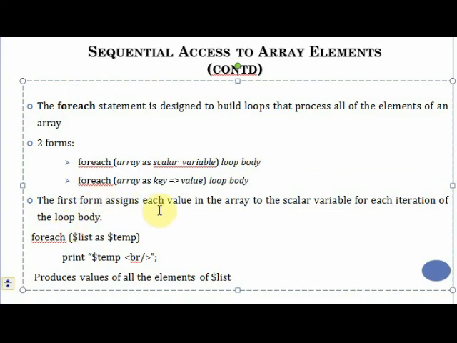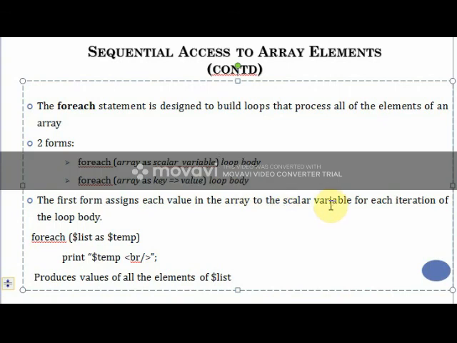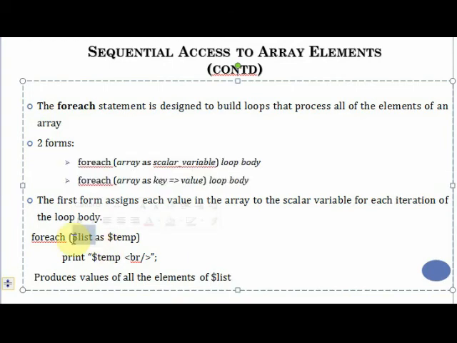The first form assigns each value in the array to the variable. Just take an example, in the array whose name is list, I have the values 10, 20, 30. So what does this first form do?